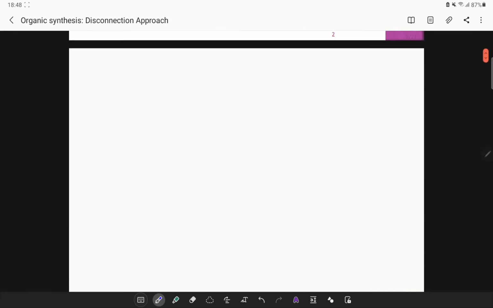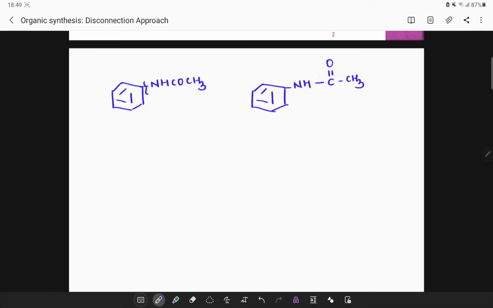Let us take an example of acetanilide. When I write acetanilide, I write NHCOCH3 on benzene. I can break the bond at this position, or I can write this in a more detailed manner, NHCOCH3, and break the molecule in this way.